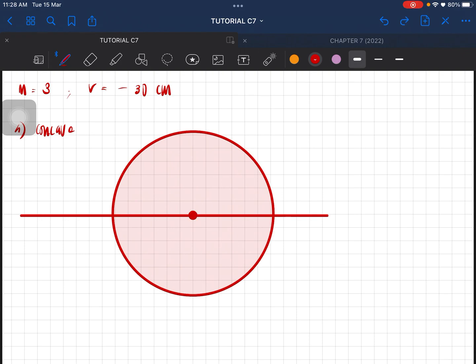So that is the center of curvature, and this is P. Remember the focal point is midway between C and P. Now let's remove this circle.